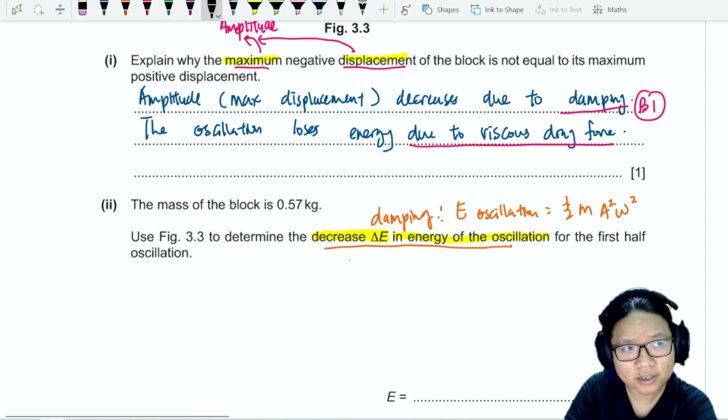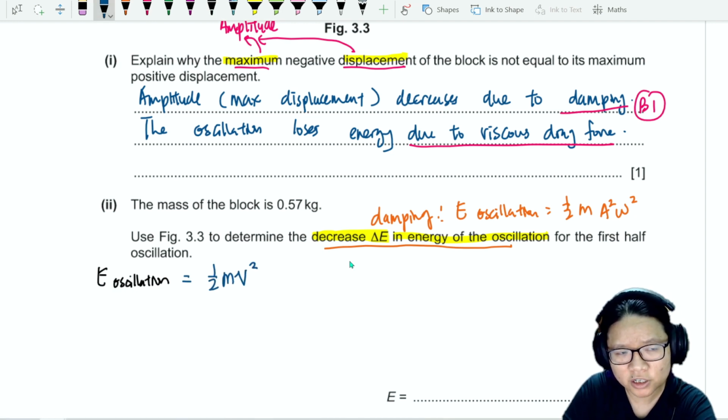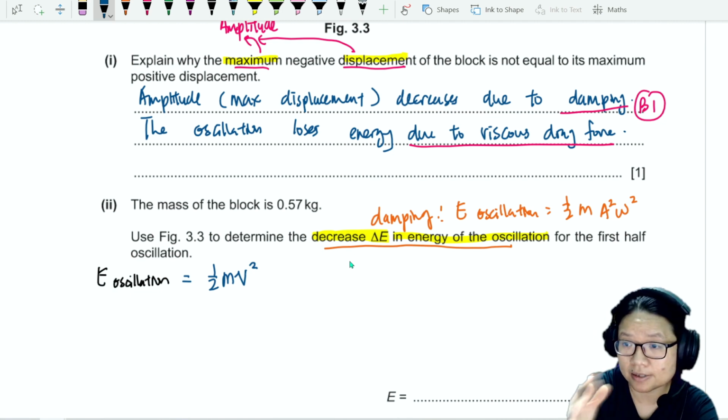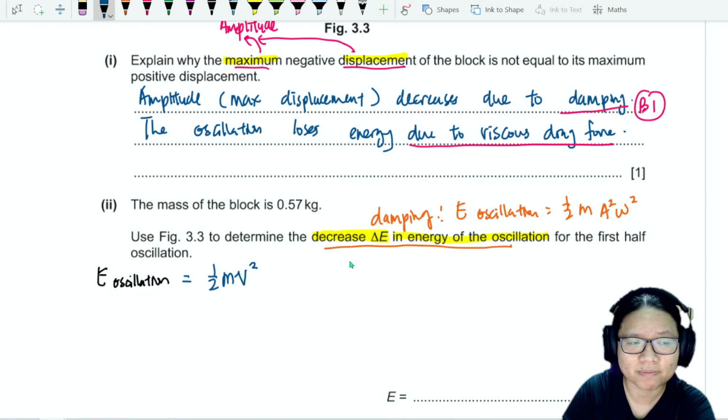Some of you may be thinking, Joe, very hard to remember this energy of oscillation. Well, here's a shortcut. Energy of oscillation is KE plus PE.